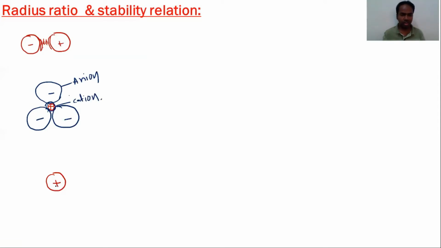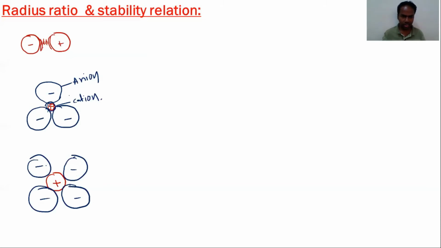When the size of the cation increases, it can interact with 6 or 4 anions. So this is one anion, this is one anion, this is one anion, and this is one anion. When the size of the cation increases, it can interact with many neighboring anions, so the force of attraction is more.